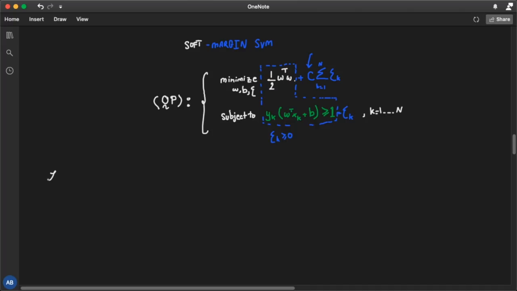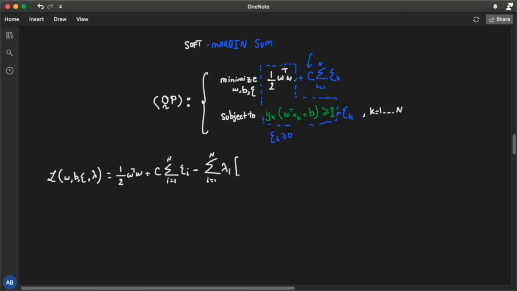The Lagrangian right here is a function of W, B, psi, and our lambdas, which is the cost half W transpose W plus C sum on psi i's minus sum on i going from 1 till n lambda i multiplied by this thing minus this thing.